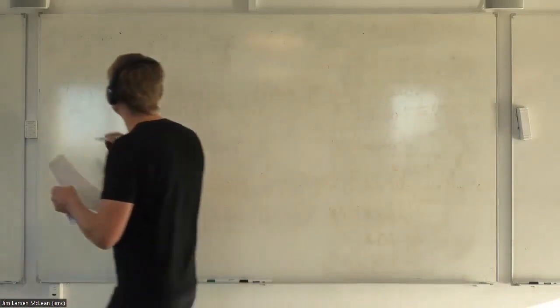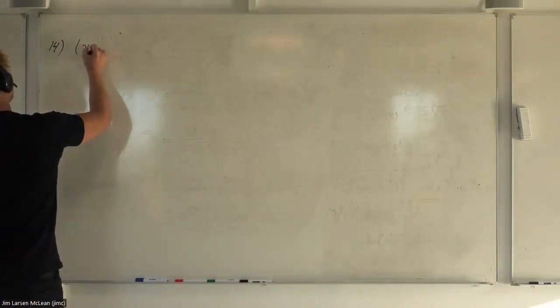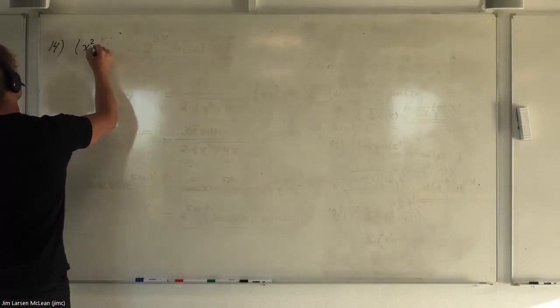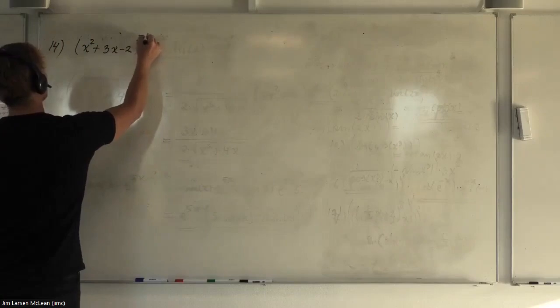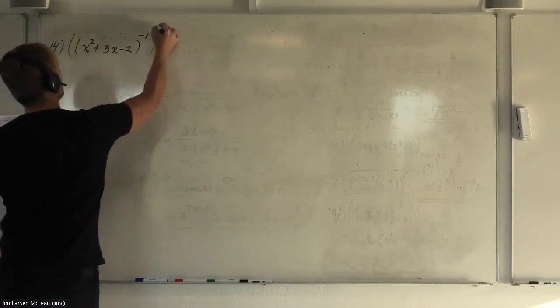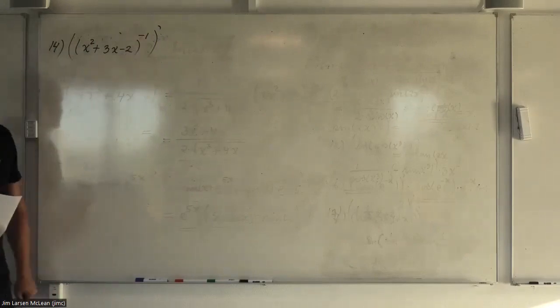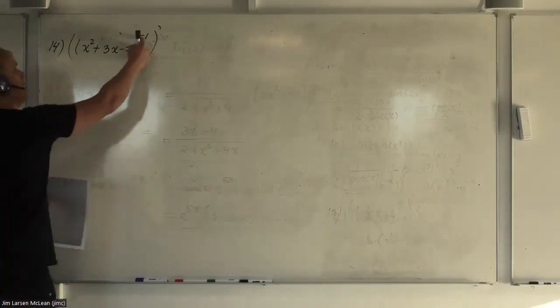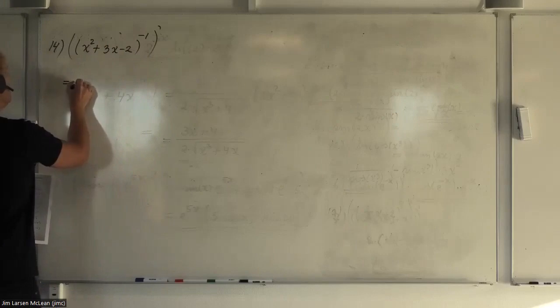Number 14. There it says x squared plus 3x minus 2, all to the power of minus 1, and it's happening now from a clear point. What does it say? Something to the power of minus 1 differentiated. Well, that's just multiplying the exponent down and subtracting 1 from the exponent. So that gives minus x squared plus 3x minus 2.